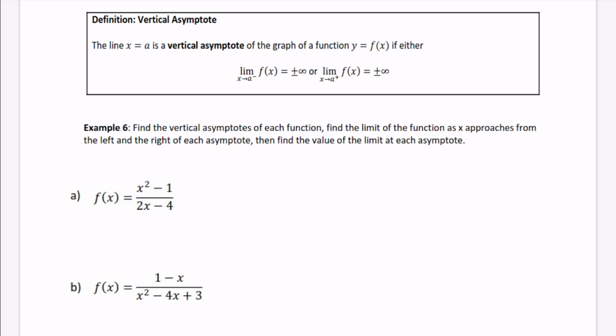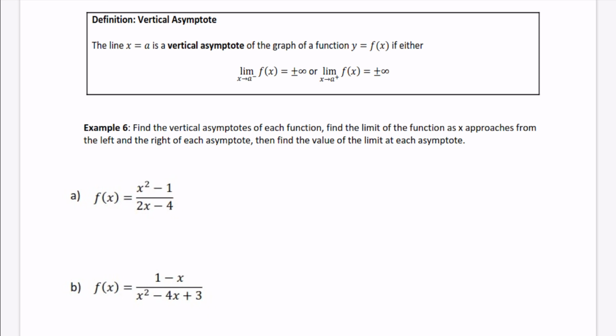I'll talk about that very soon. So we have to find the vertical asymptotes of each function. You have to find the limits of the function as x approaches from the left and the right of each asymptote. Then find the value of the limit at each asymptote. So let's go ahead and solve that question.